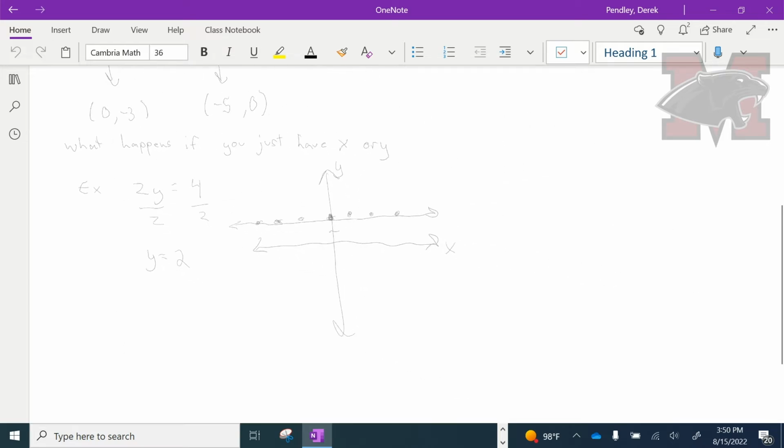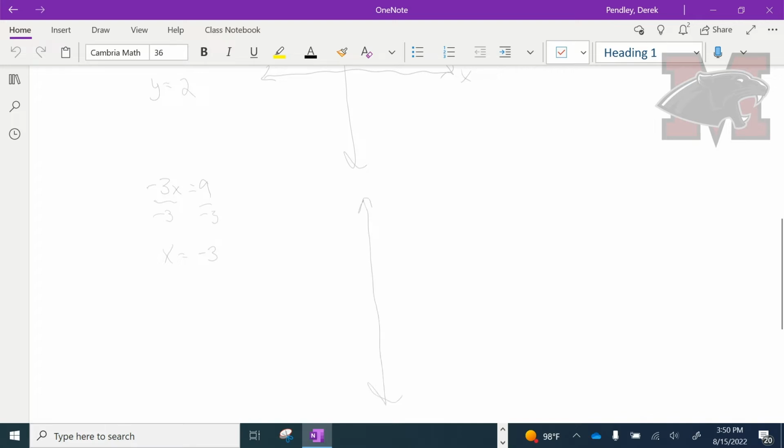All right. So what does this look like if we have an x value? So what if we have 3x is equal to 9? I can solve for x by dividing by 3, and I get x equal to negative 3. So again, if I were to represent that pictorially as a picture, is there some point on the line where x is negative 3?